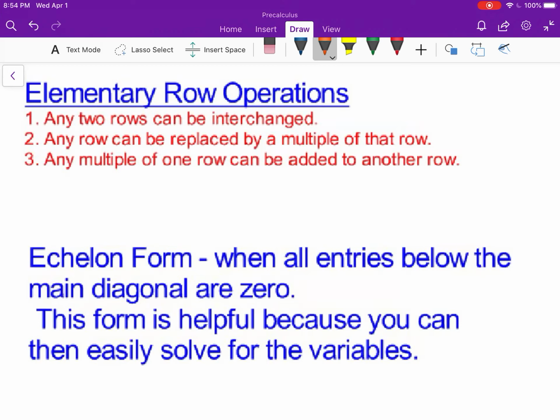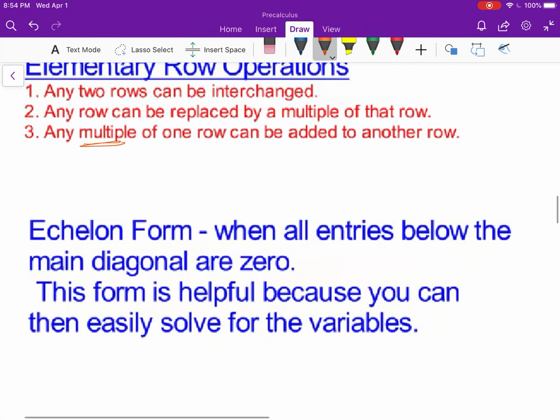So you could take a row, multiply it by something, and then replace it with that new one. Or, and this is the one we use most often, any multiple of one row can be added to another row, and actually you can replace either row with that new sum, the multiple plus another row. In fact, you can add a multiple of a row plus a multiple of another row is also fine.